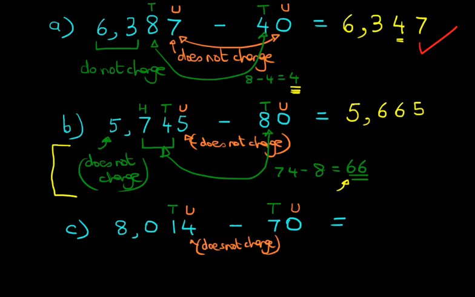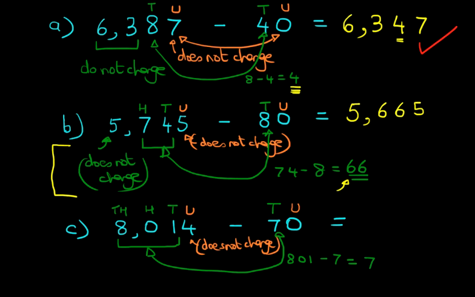So let's have a look at the hundreds column. Well, the hundreds is 0. So we've still got only 1 minus 7. We have to move across to the thousands column. We've got 8 thousands. So we've got 801. Let's just draw the arrow for this. 801 minus 7.